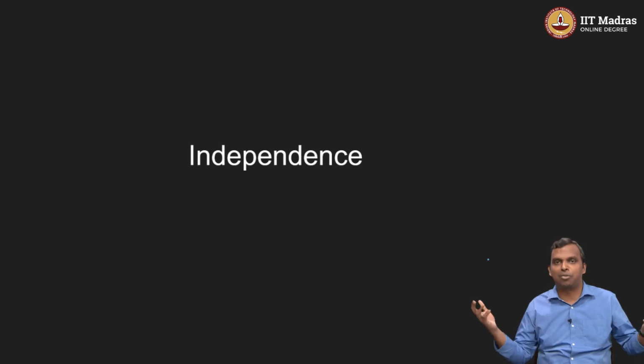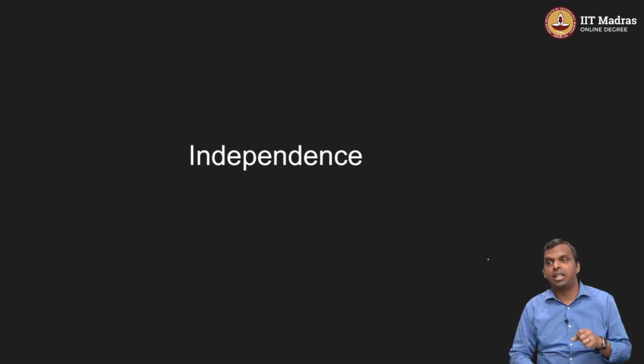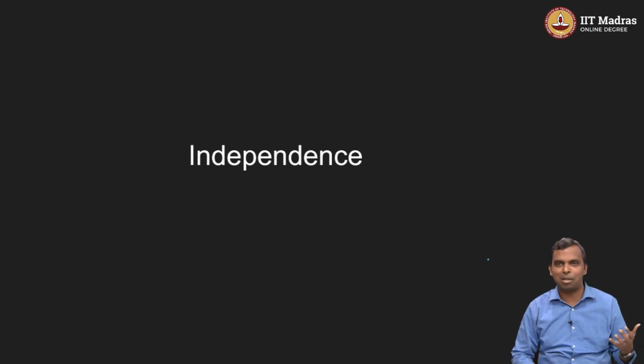Well, there are lots of meanings of the word independence in English, but in probability theory, independence has a very specific, well-defined meaning, and quite often people make the mistake of using their intuition. When somebody asks you, are these two independent, people just tend to say, yeah, this should be independent, that should be independent.